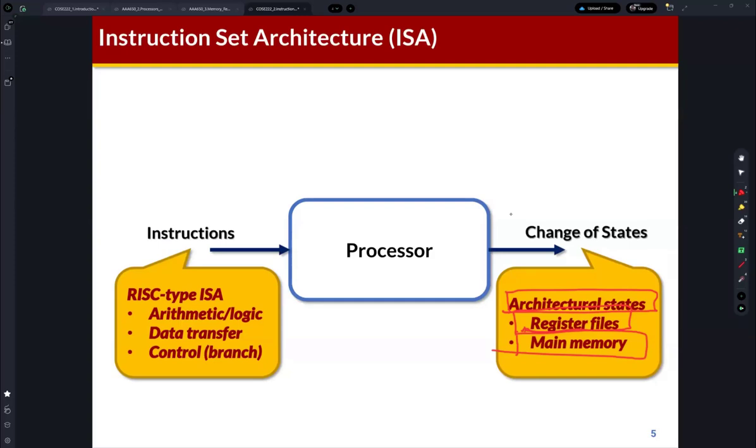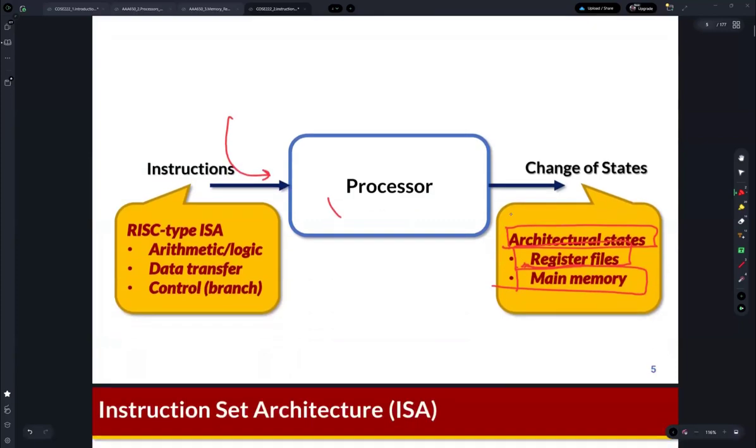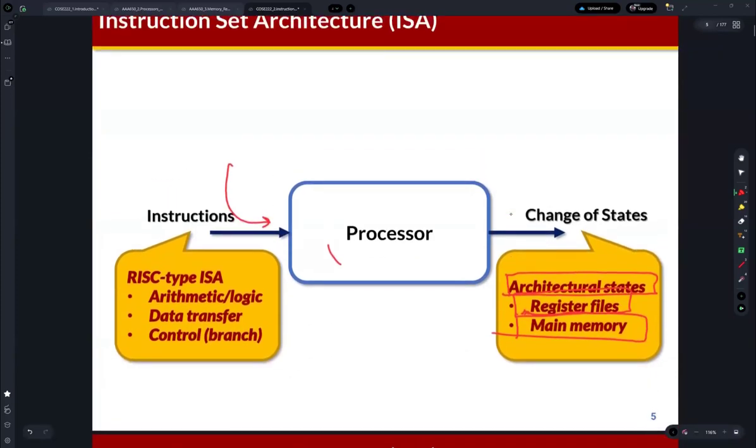Actually the compiler generates the many instructions, and then these instructions are given to the processor one by one. I will show an example of instructions later, and then the CPU creates the result of the instructions also one by one.